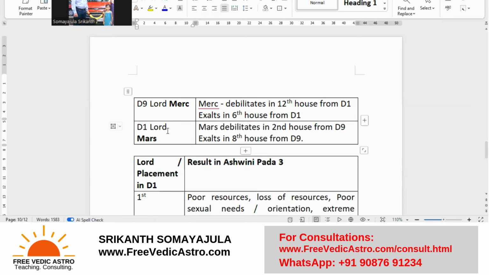It doesn't work like that. A planet will not work based on exaltation or debilitation in your birth chart, but rather based on the axis in which it exalts and debilitates, right? You need to be very clear with these significations, and the planet is going to oscillate between these two things, right?